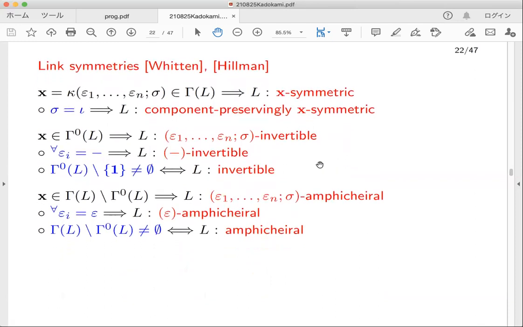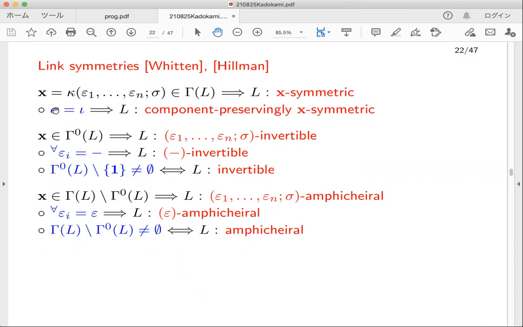Now we define link symmetries. Let x equal kappa, epsilon 1 to epsilon n, sigma be in gamma L. Then we say that L is x symmetric.